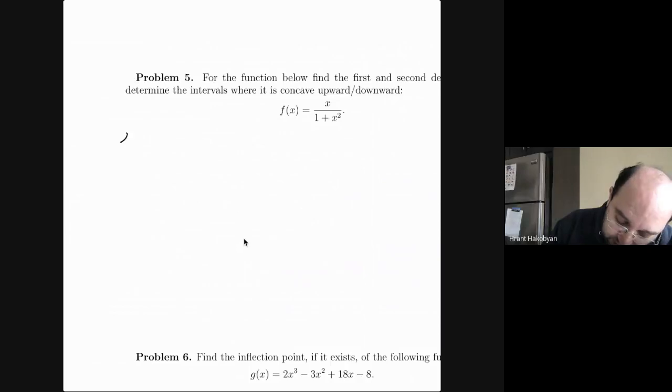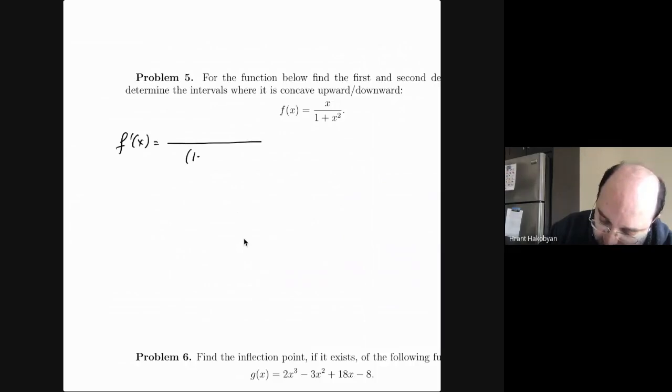So f prime is equal to, well, it's a fraction, so I'm going to use the quotient rule. So the denominator squared times the top prime, so it's x prime times 1 plus x squared, minus x times 1 plus x squared prime.